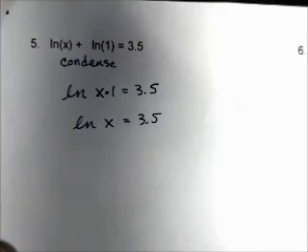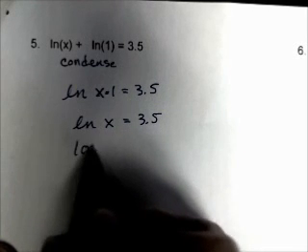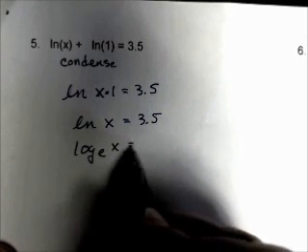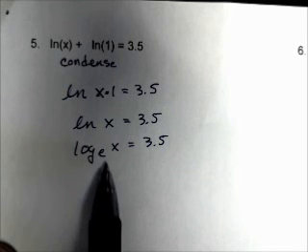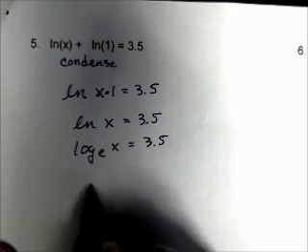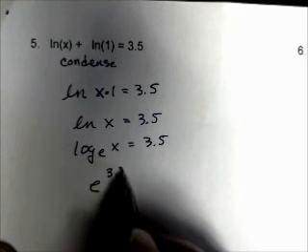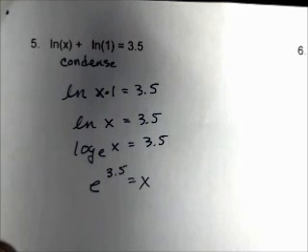And if you don't recall, remember, ln is equivalent to log base e of x is equal to 3.5. Alright, so we're in this log form, so let's switch to exponential. Base e to exponent 3.5 is equal to x.